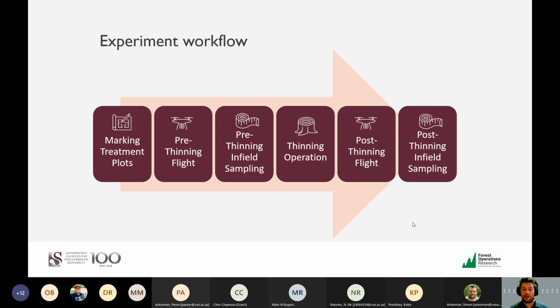Firstly, a combined straight row and selective thinning, and second, a combined diagonal row and selective thinning. After all of these plots were thinned, the post-thinning flight could take place, as well as the post-thinning infield data sampling to collect the needed data.